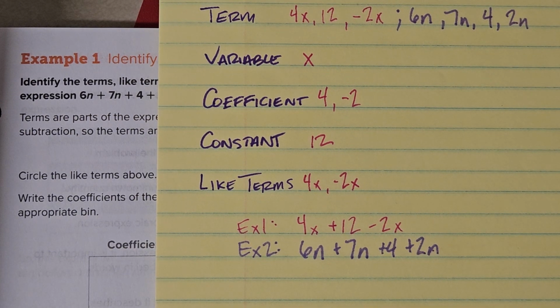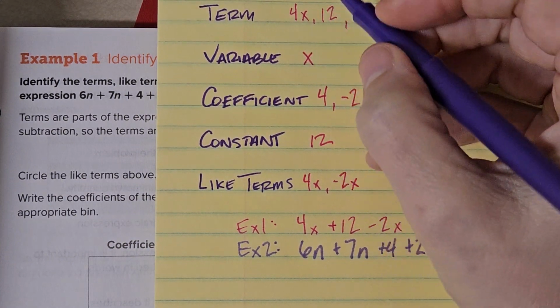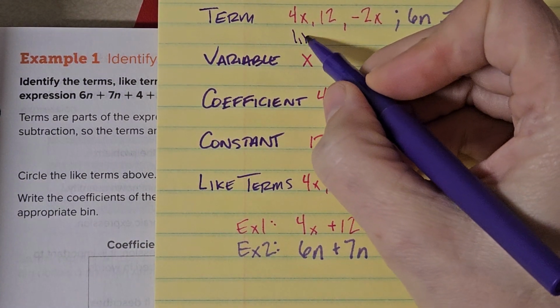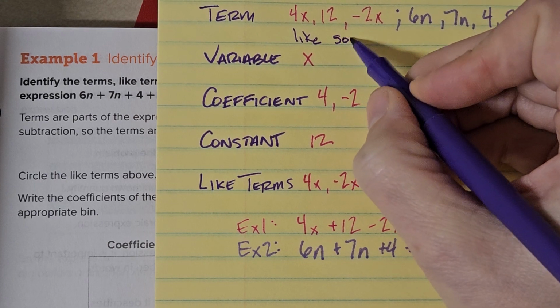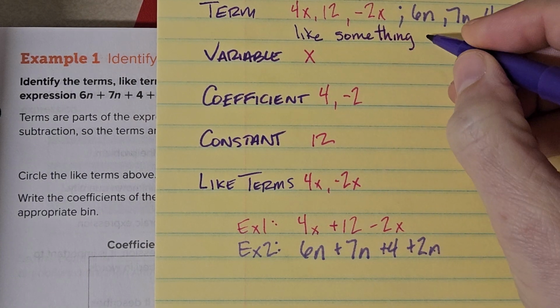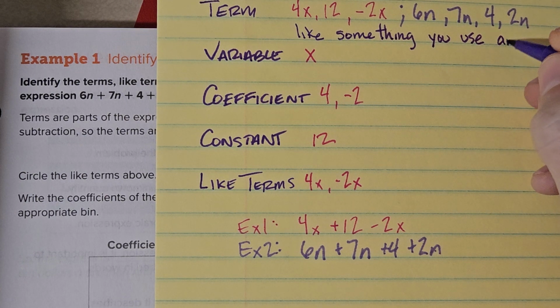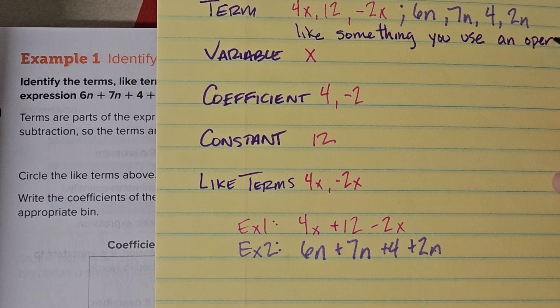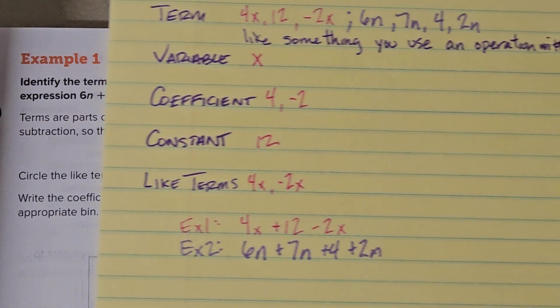So we could probably say that a term is sort of like something you use an operation with. Honestly, I think the examples are better than a definition in this case.